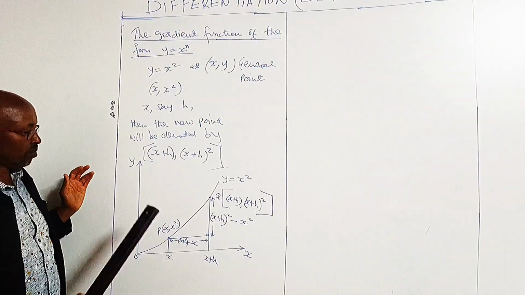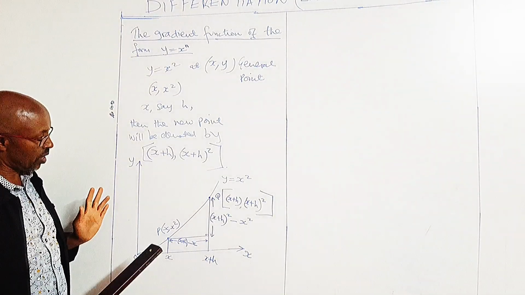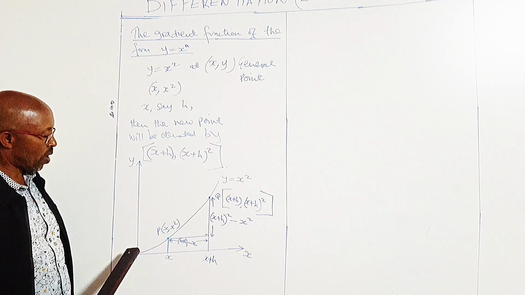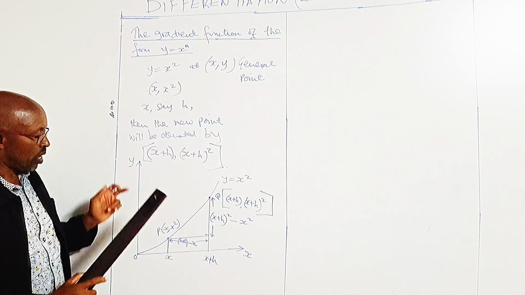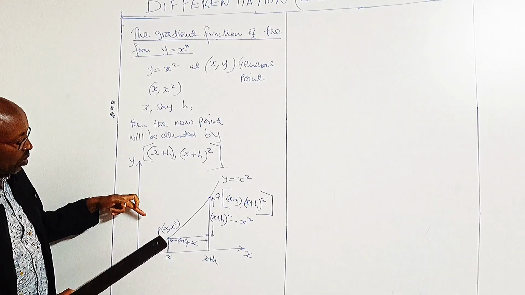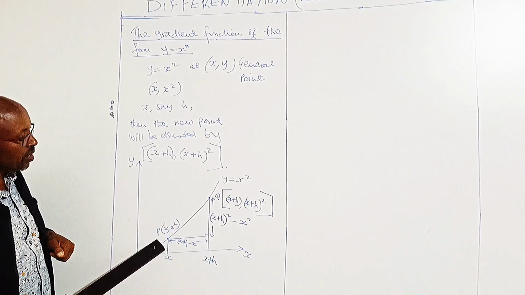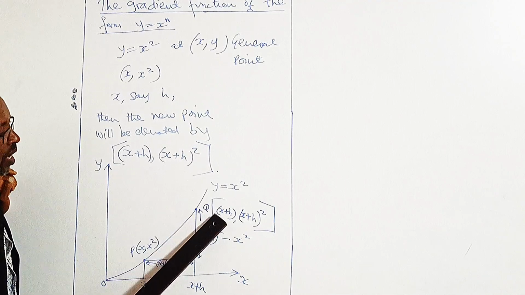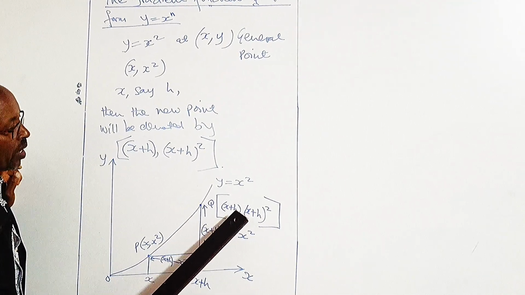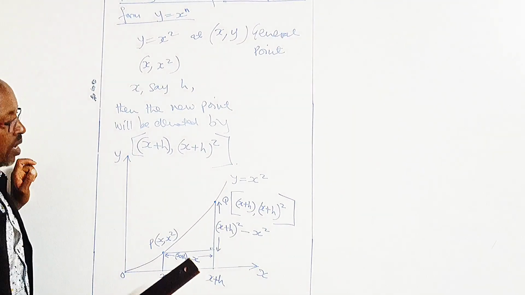We have the diagram. In this diagram, we have our curve y equals x squared. We have our point P, which takes the coordinates x, x squared, and point Q, which takes the coordinates x plus h, (x plus h) squared.